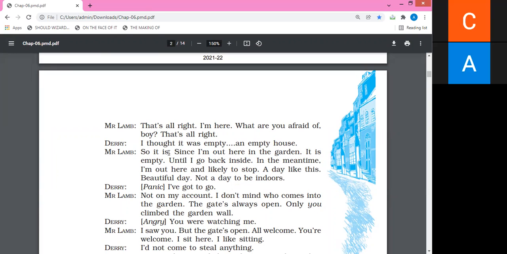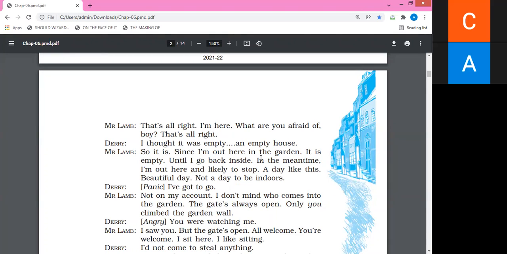Again, he was just adding to his words until he would go back inside, to highlight that the house was entirely empty till that particular moment of entering the house again.